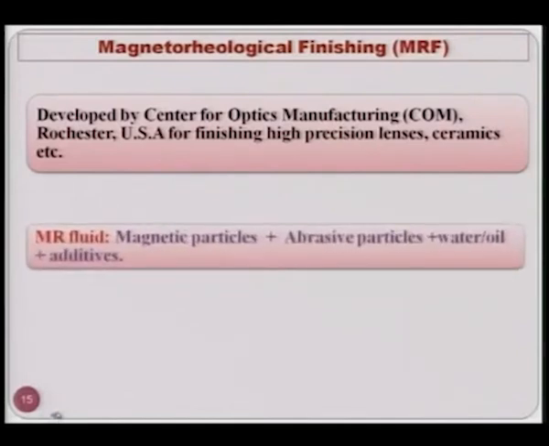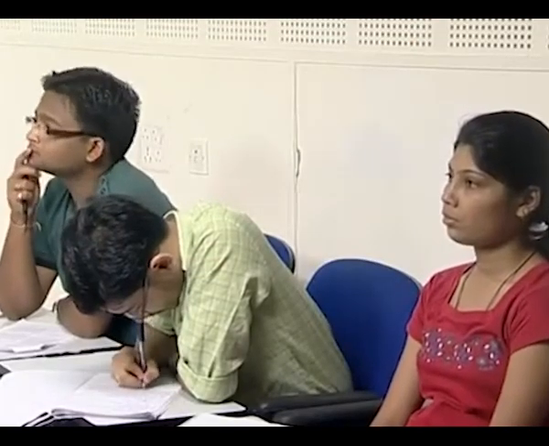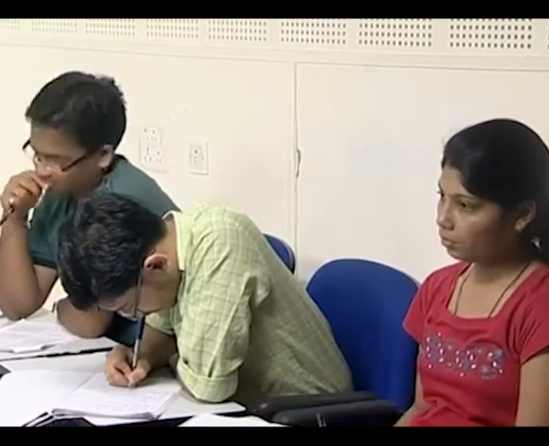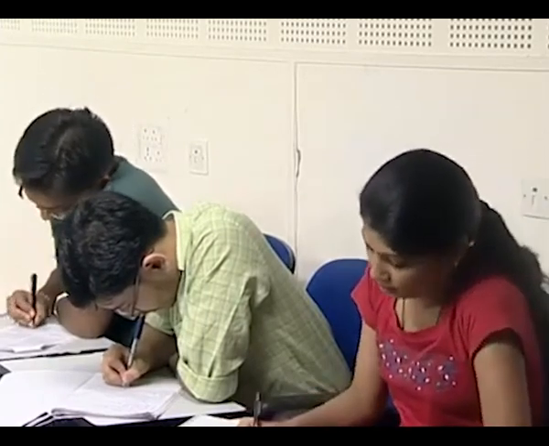Later on they found many applications in different areas. So, this MR fluid we have already seen, it consists of magnetic particles, abrasive particles, water or oil as the base medium, and additives that I have already mentioned to you, like glycerol or others.